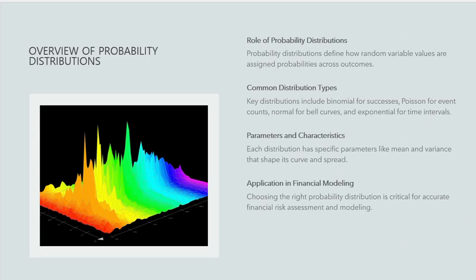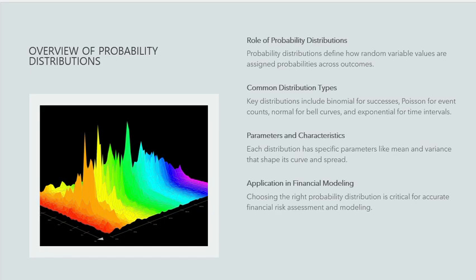Over the probability distribution, we will study the role of probability distribution, common distribution types, parameters and characteristics of distributions, and applying them in financial mathematics, how to model and apply these things. So the probability distribution describes how the values of a random variable are distributed.